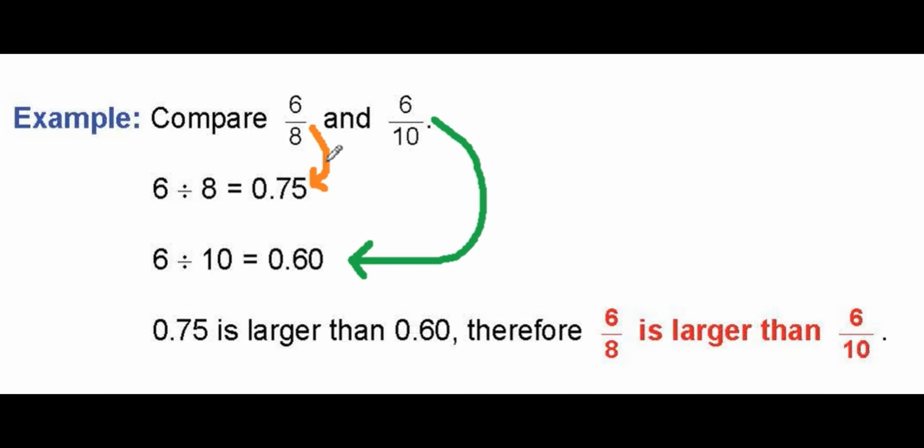Now, we will look at the results of each division. 0.75 is larger than 0.60.